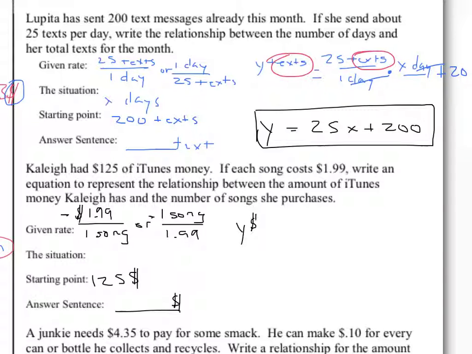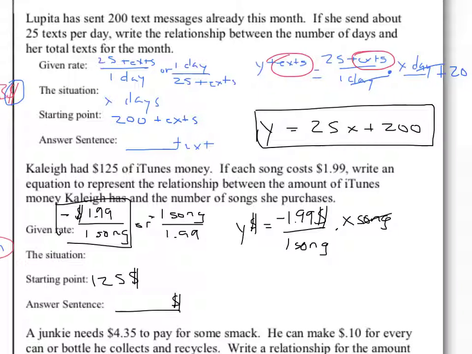Y dollars is equal to, so I'm going to choose this one, so that's going to give me negative $1.99 for one song times X songs plus, what's our starting point?